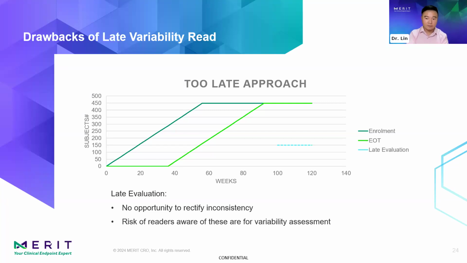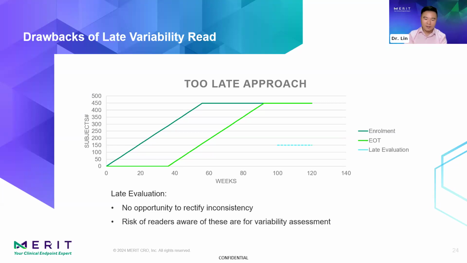The efficacy reads are already complete, and there's little we can do about it if a reader's consistency is not optimal. Therefore, assigning a large number of variability evaluations can further increase the risk of the reader becoming aware that this task is for variability read.